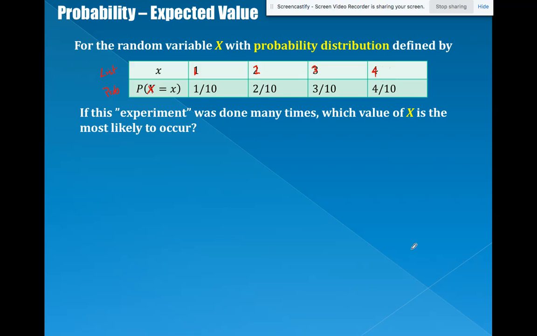When I use 4, I have a 4 out of 10 chance. So let's suppose I repeat this event over and over and over again. Which one of those values of x, right? Capital X, not the probability. Remember, x is equal to that list of x's. Which value of x is the most likely?